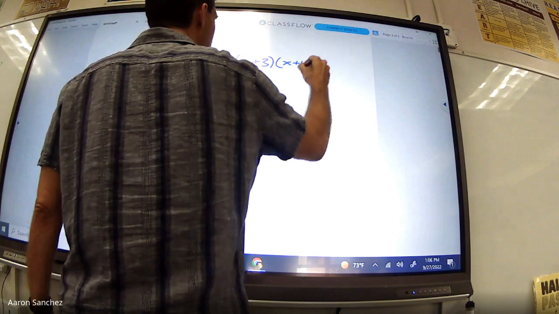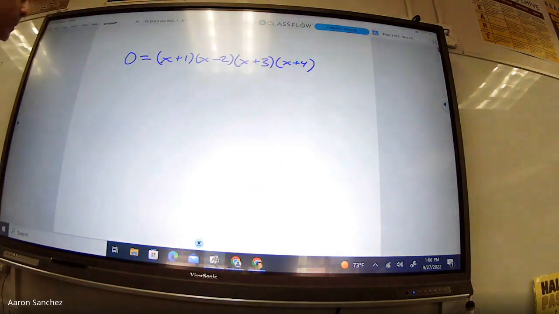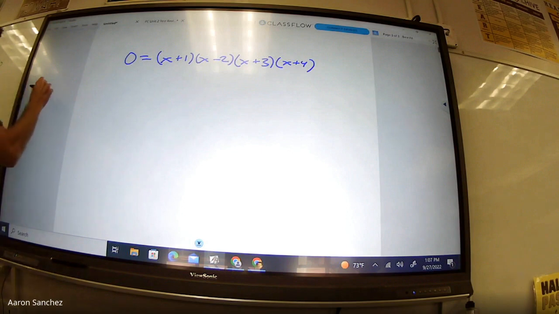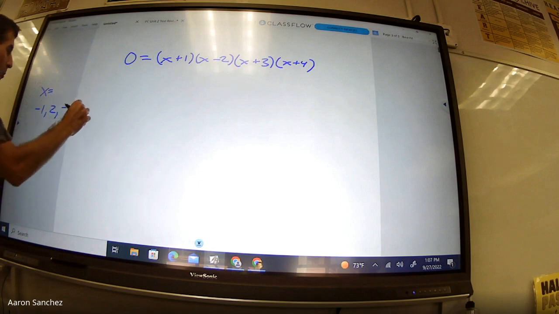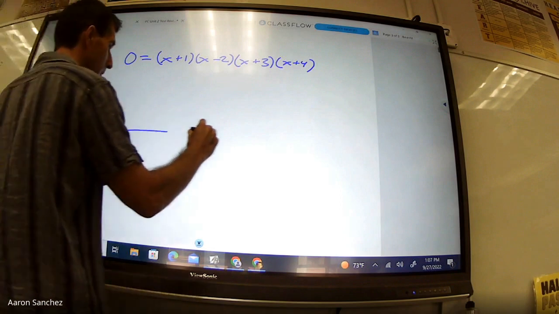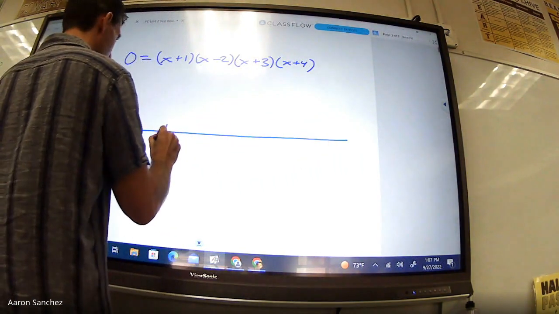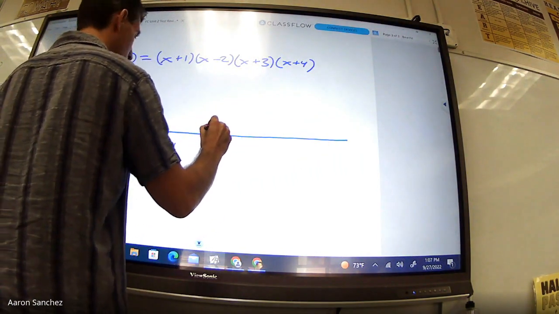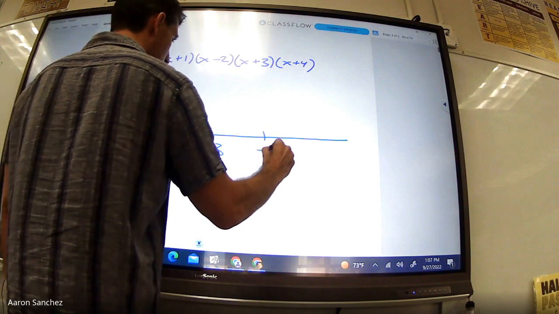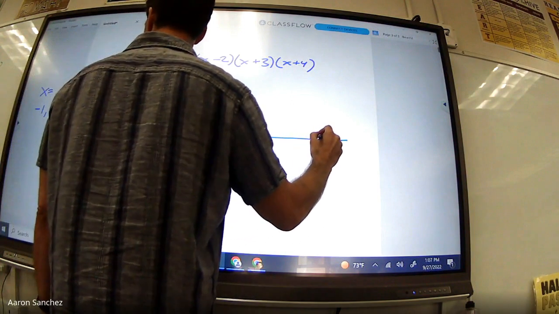What's my next step? Finding the zeros. I think that's probably what you meant. What are my zeros? We already have those. -1, 2, -3, -4. Then we test the limits. So my limits, put in order, -4, -3, -1, and then 2.